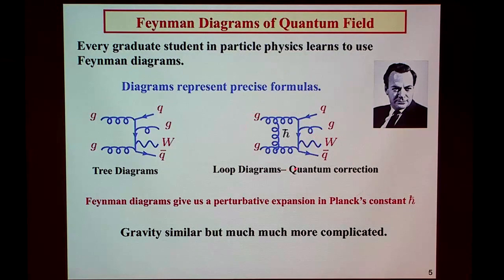So there's a more complicated contribution. And this is all part of quantum field theory. The more loops you see, the more complicated it gets, and the more quantum-like it gets, the more contributions that go like Planck's constant. Now, gravity, it's similar. You can draw these same pictures. It's just a lot more complicated.